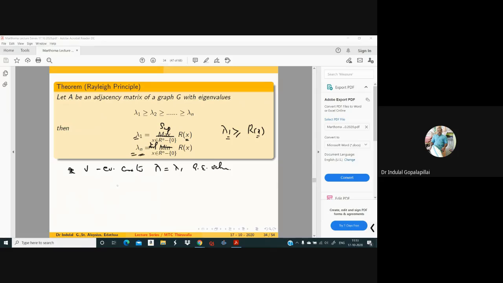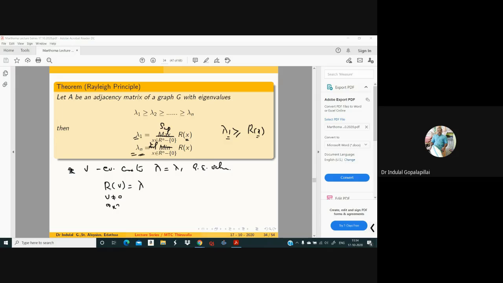Then we have already noticed that the Rayleigh quotient corresponding to this V is equal to lambda. Since this is an eigenvector, V is not equal to 0, and V belongs to Rn.